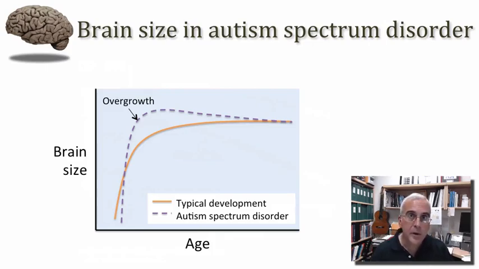So it very well may be that this decrease in cortical thickness is attributable to a relative delay or perhaps a relative reduction in the total numbers of synaptic connections that are established.